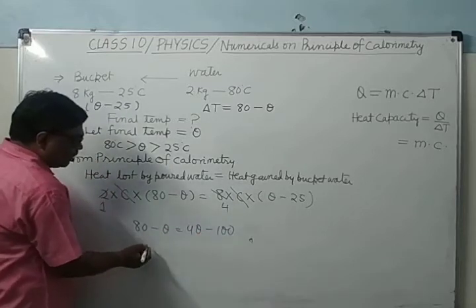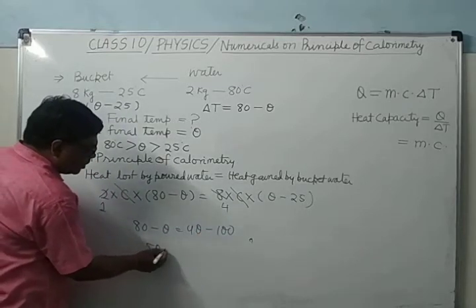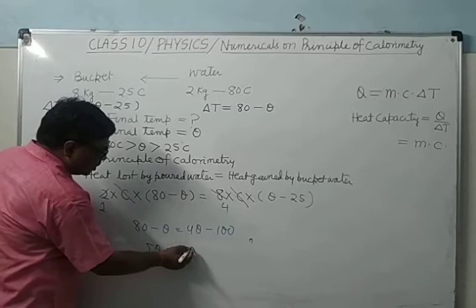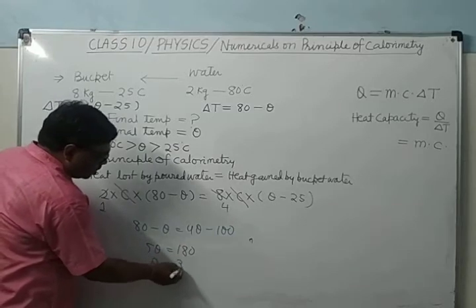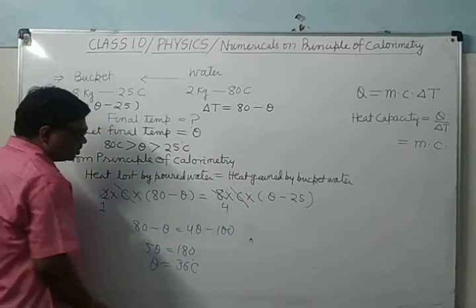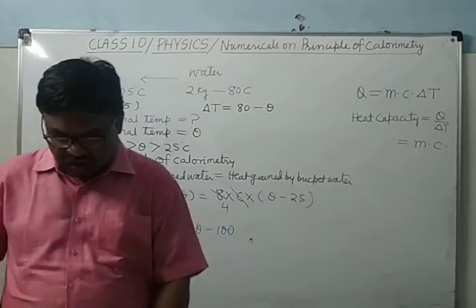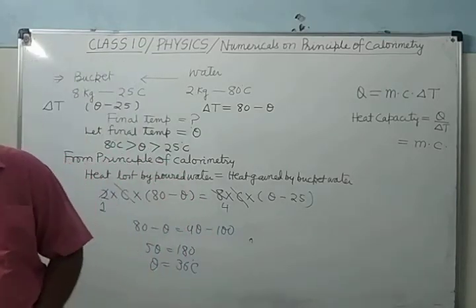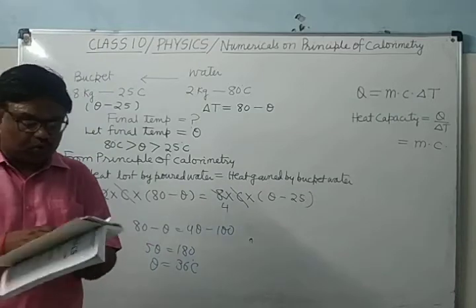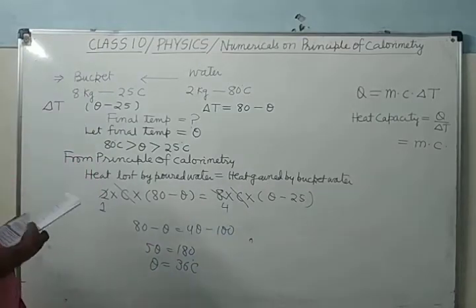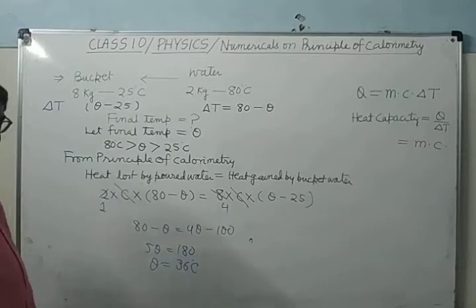So 5 theta equals 180. So theta equals 36 degrees Celsius. Theta equals 36 degrees Celsius. Is it clear? So this is one question. Now you see one more question, and you note down the question also. That's why I am speaking.